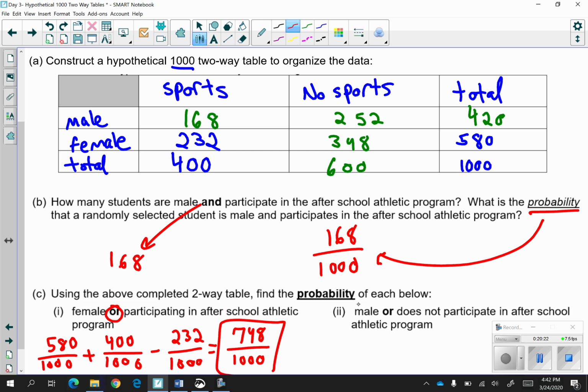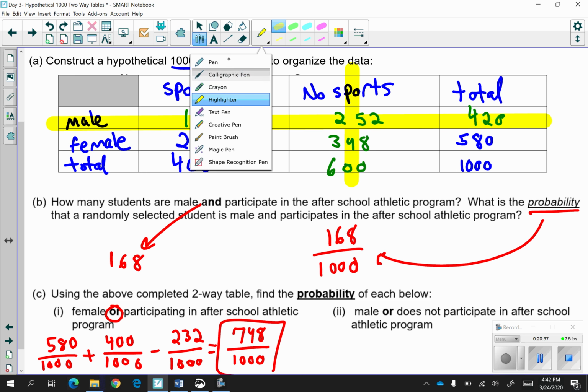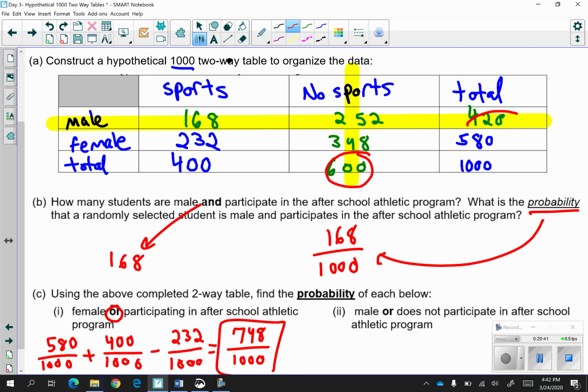For the next one, you're finding male or does not participate in after-school athletic programs. Remember, if you don't like doing or probability, highlight everything out and go from there, because you're using your two totals and the intersection, so it makes it a little bit easier on you.